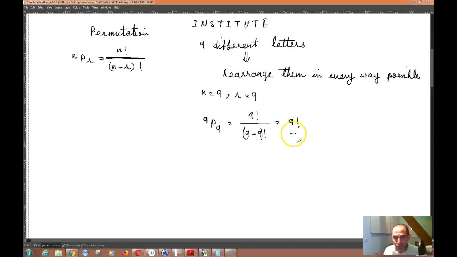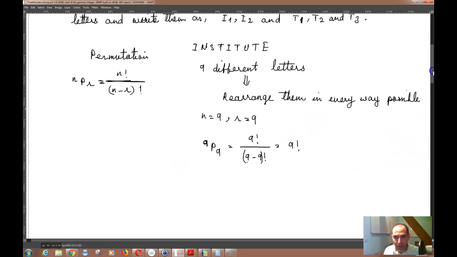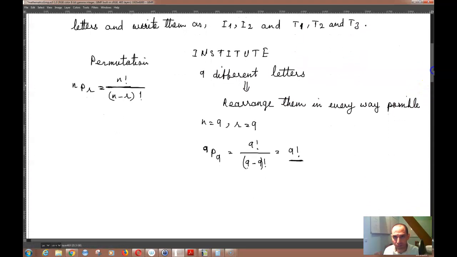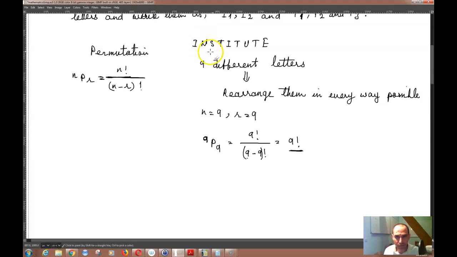So now what I need to do is take all of these permutations, which is 9 factorial, and then take out all of these letters that have been repeated, meaning that, for example, here I appears twice, and also T appears thrice.